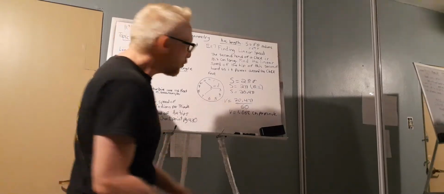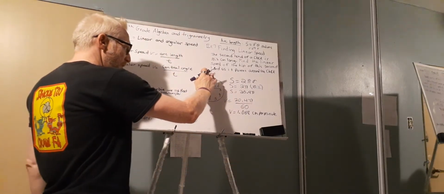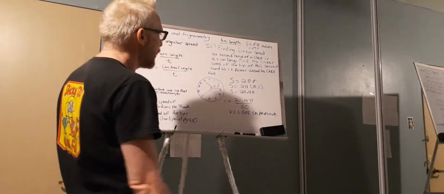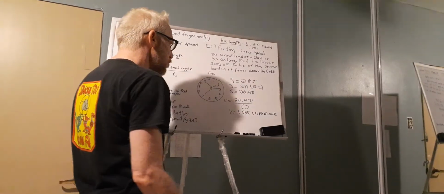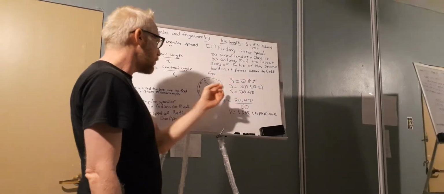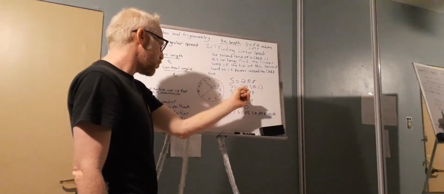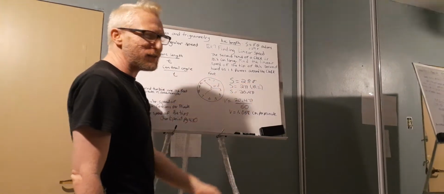Why do I use 2 pi? Because remember that the movement is circular, and one full rotation around a circle we call 2 pi. So that's why we use 2 pi r. S equals 2 pi times r, which is 10.2. So you multiply 2 times 10.2, which is 20.4, and you bring down the pi symbol.